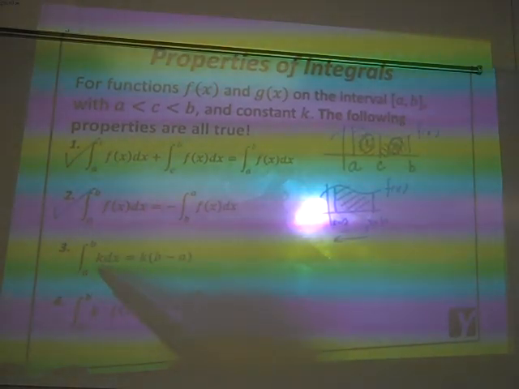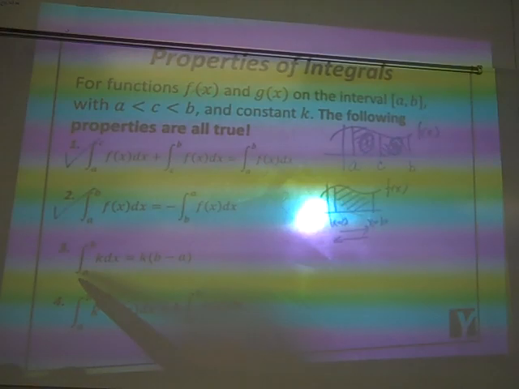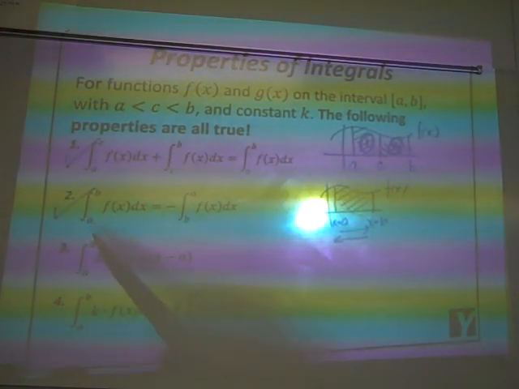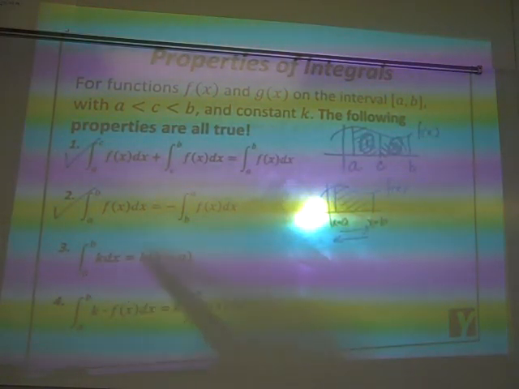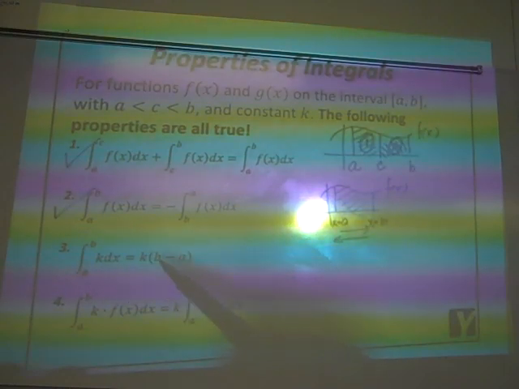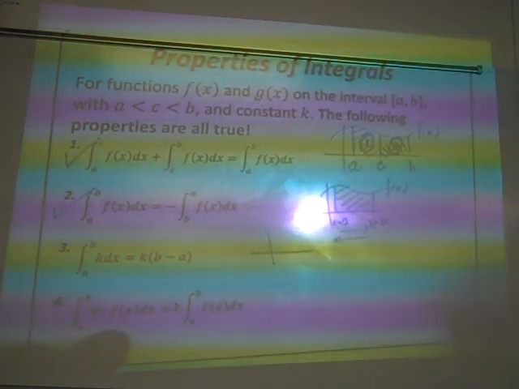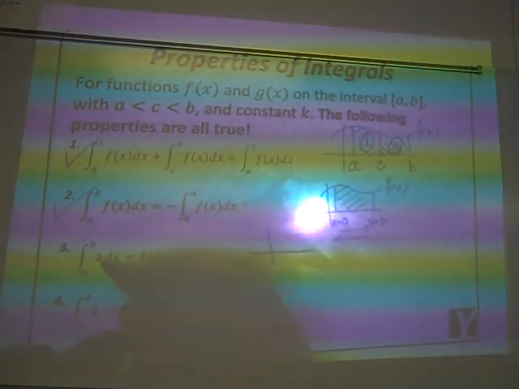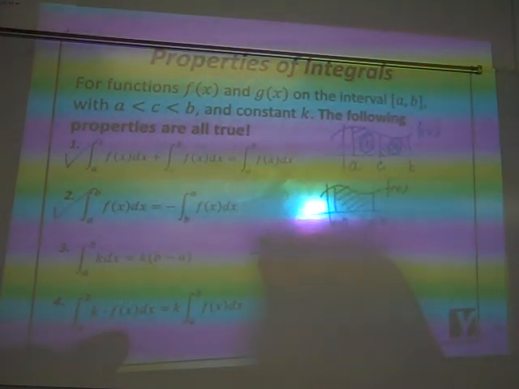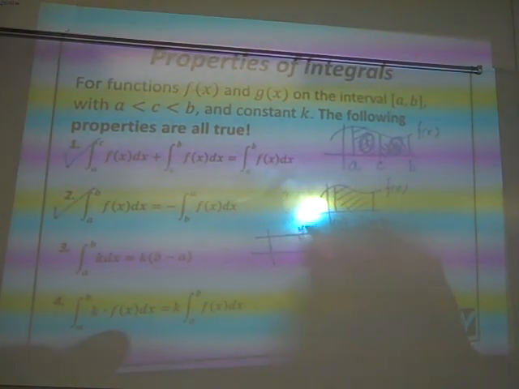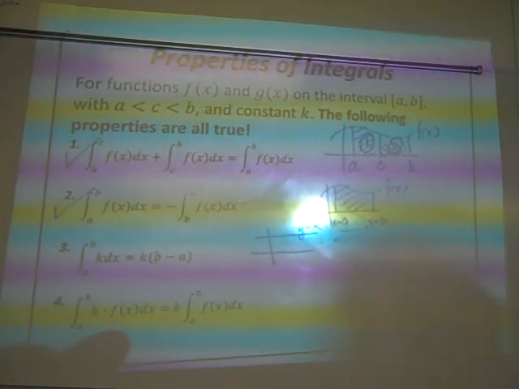Our third property, k is a constant. I'm asking you to find the definite integral from a to b of a constant. The result says it's k times b minus a. Let's look at a graph here. If k is a constant, then the graph of a constant is just going to be a horizontal line. Here's y equals k.